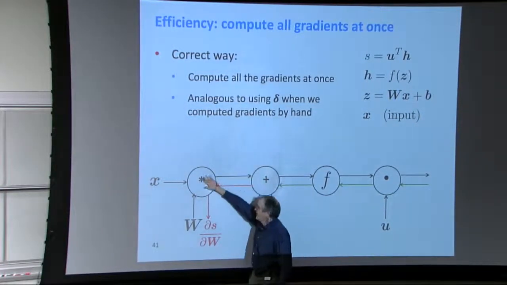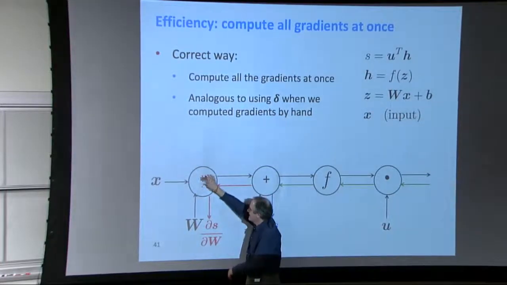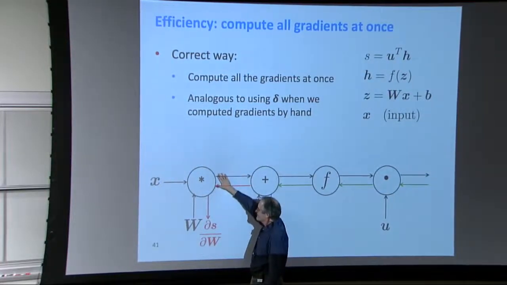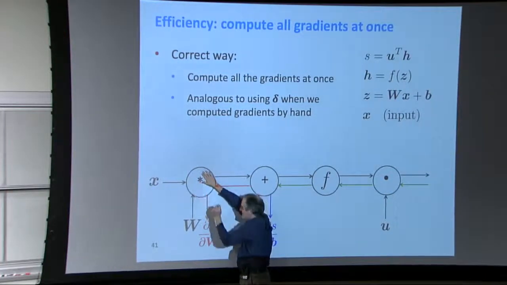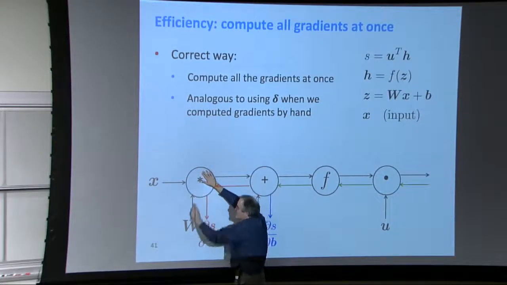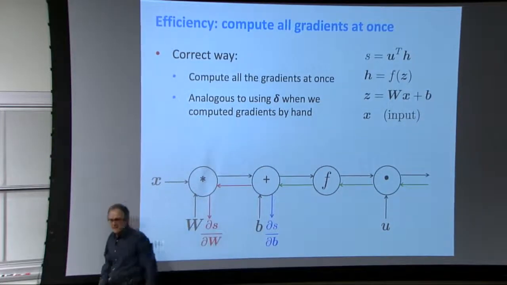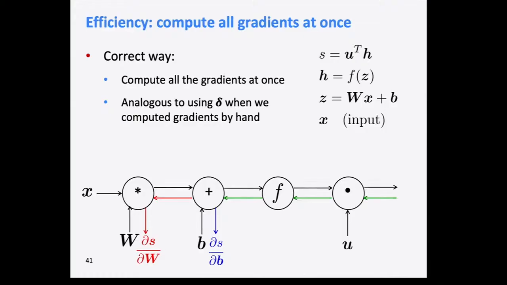And from here, knowing this upstream gradient, we can use the local gradients at this node to compute this one and that one. So we're doing this efficient computer science-like computation where we don't do any repeated work. That make sense? Okay.